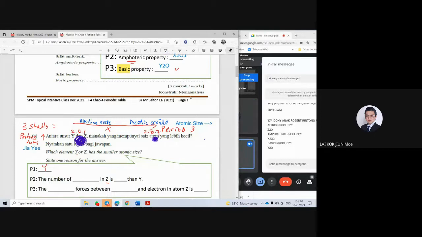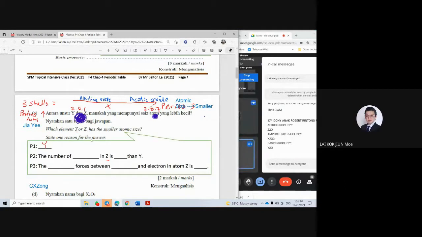The size becomes smaller. Must be careful. Becomes smaller because proton number more. That means nuclear attraction force powerful. Powerful means 2.8.7. Inside they got 17. 17 proton. 17 is powerful. It will direct all the electron go near to the nucleus.